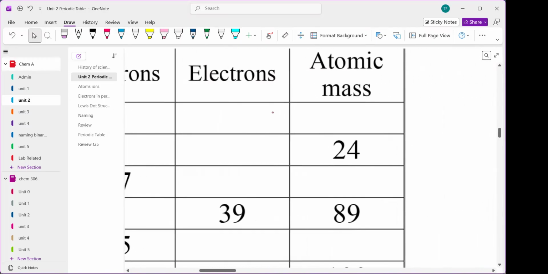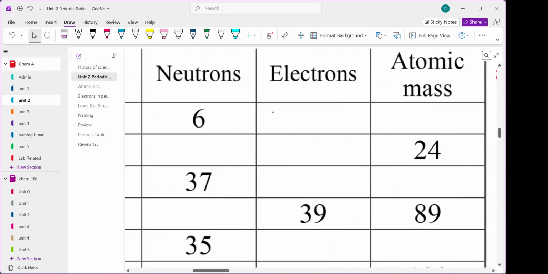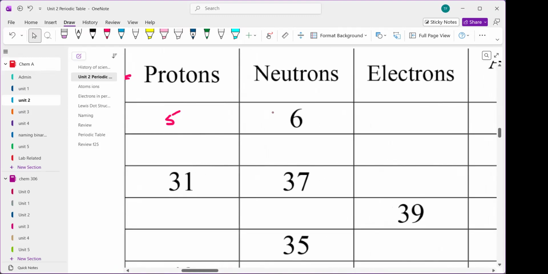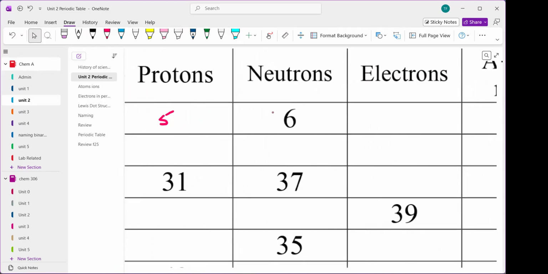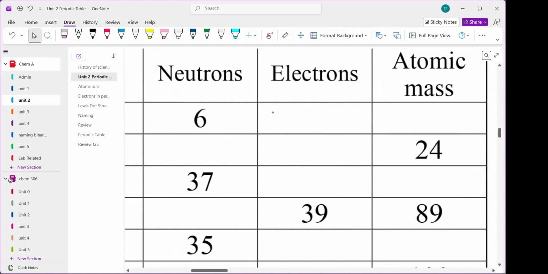So the atomic mass is going to be P plus N. We have 6 neutrons, 5 protons. 5 plus 6 is 11. So the atomic mass of that specific isotope is 11, no decimals.